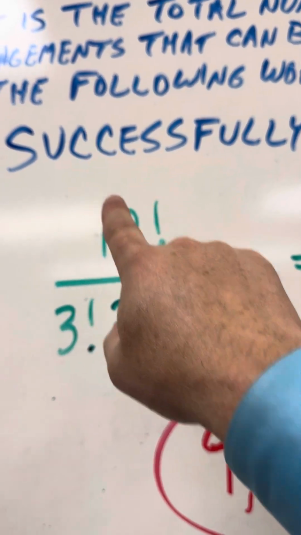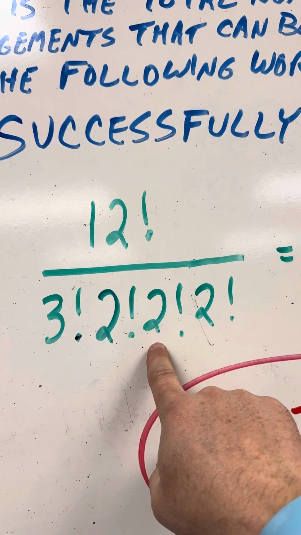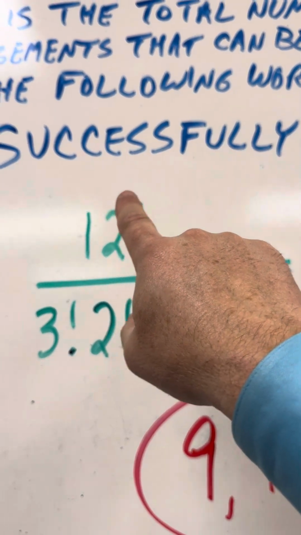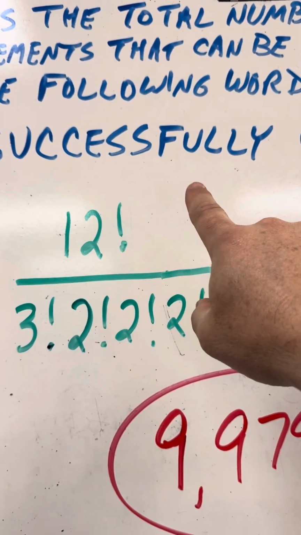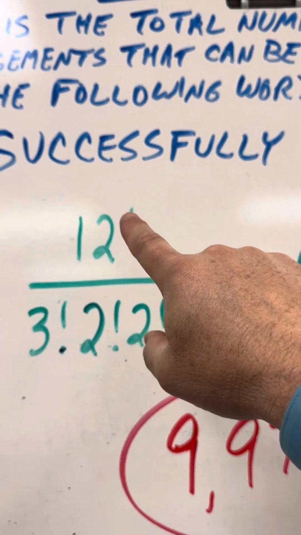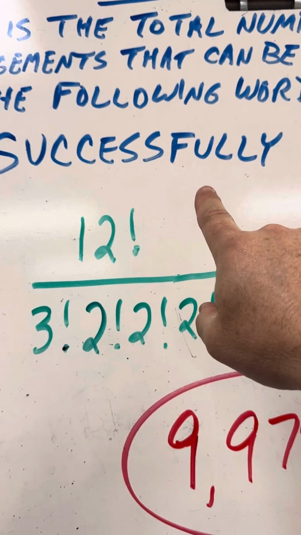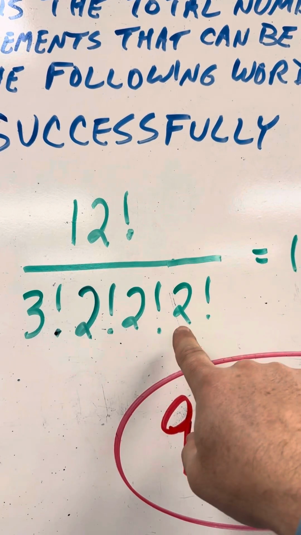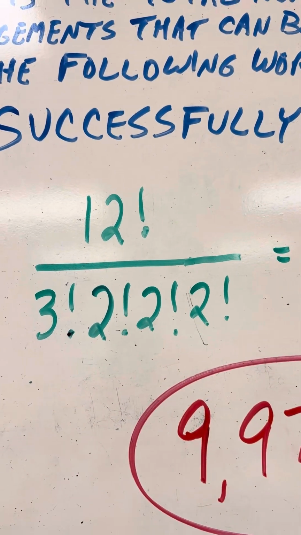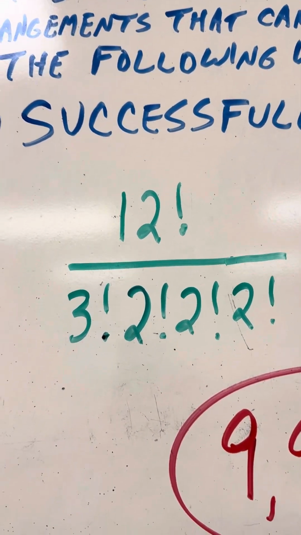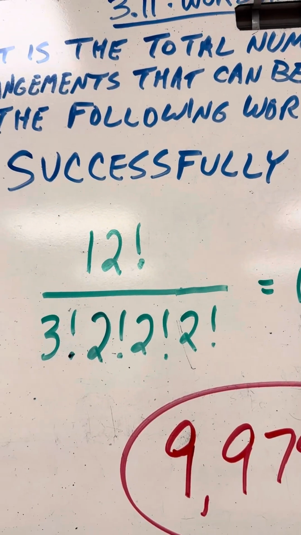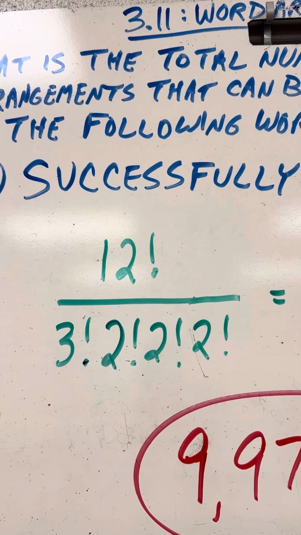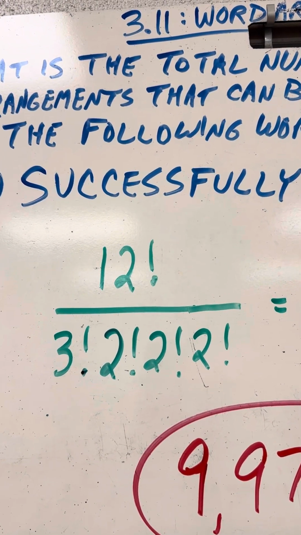How many C's? 2, that's 2 factorial. There's only one F, only one E. L's, there's 2 L's, so that's 2 factorial. So wherever there's a double, triple, or quadruple letter, that's when you use factorial on the bottom, okay?